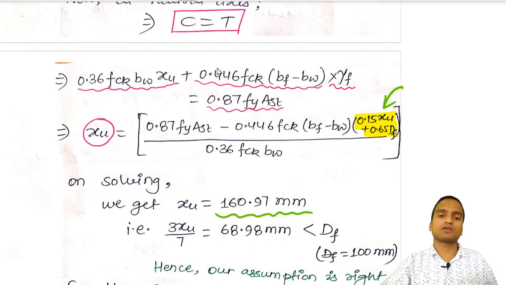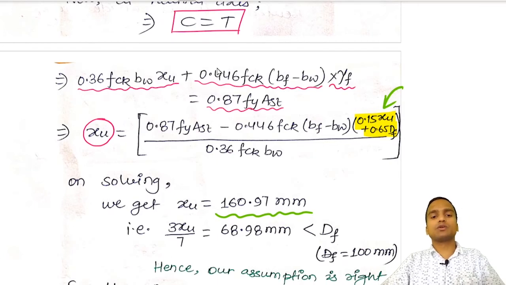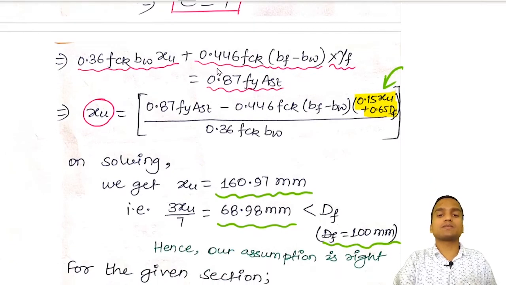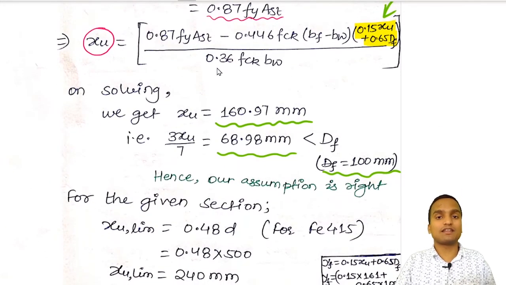160.97 millimeter. If we do 3xu by 7, it comes out to be 68.98, which is less than the depth of flange. The depth of flange was 100 mm. So finally our assumption comes out to be right.